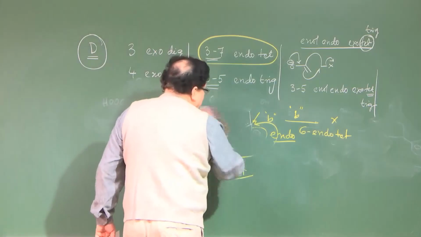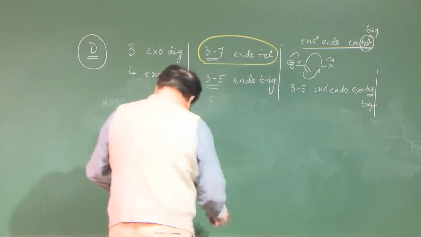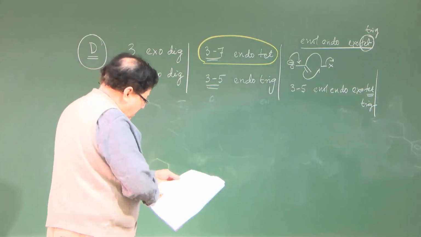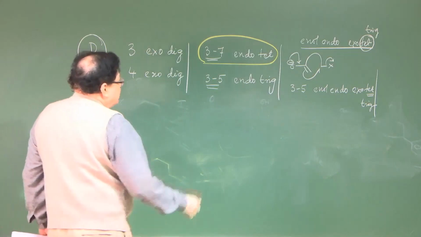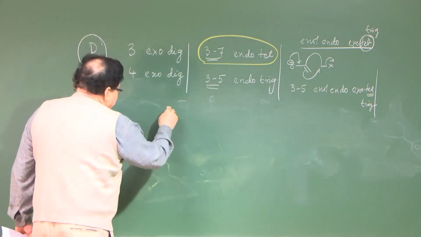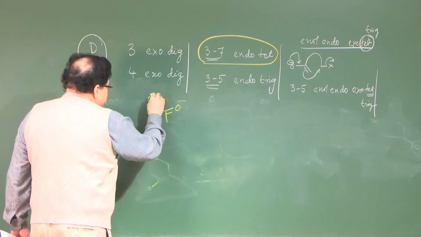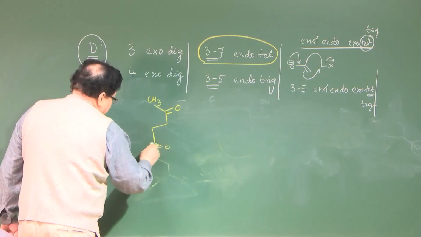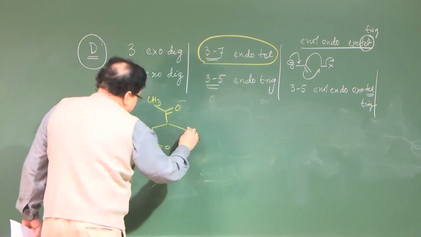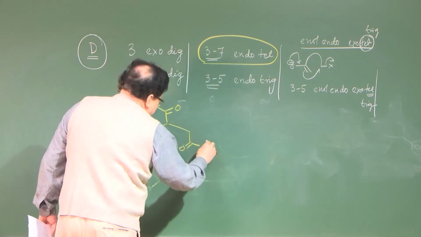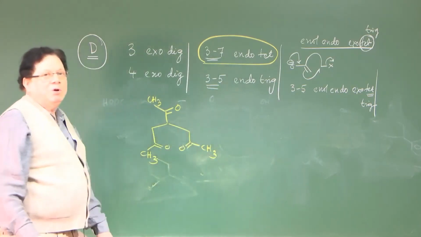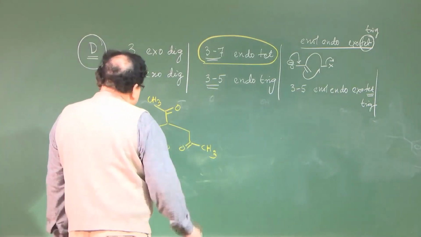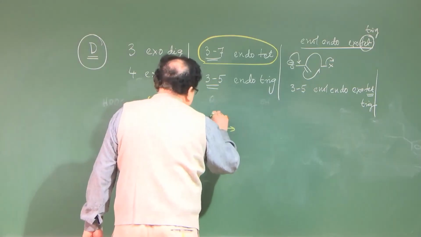Now, let us see what other problems we have. Okay. Now, this is an interesting example, where you have a triketone like this. Okay. And you are trying to do an intramolecular aldol reaction by employing, say, a base.